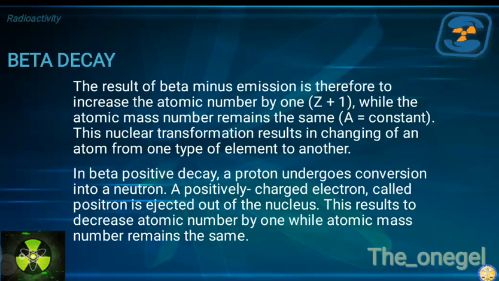Pag sinabi nating beta minus, siya lang ang minus sa buong mundo na may addition. Beta minus pero nag-plus. Di naman beta plus or positive decay pero na minus ng 1.